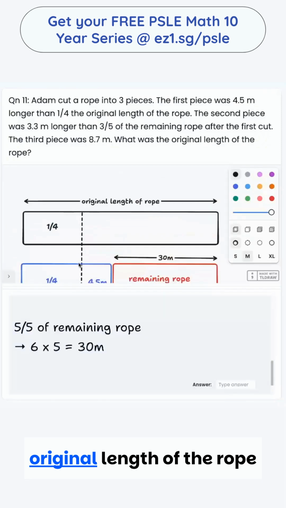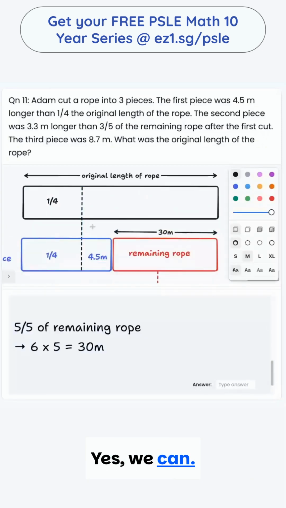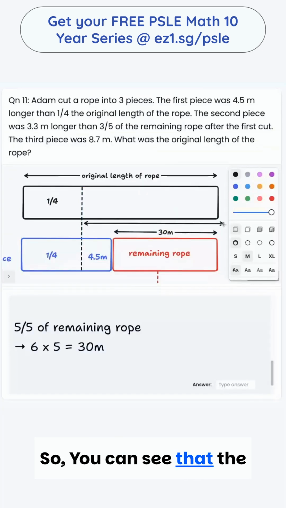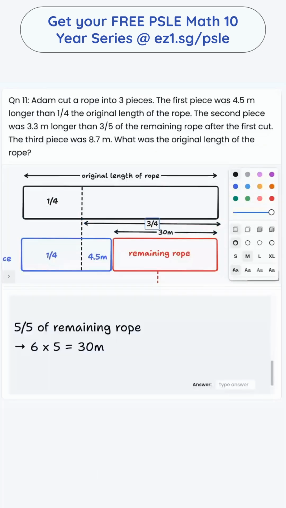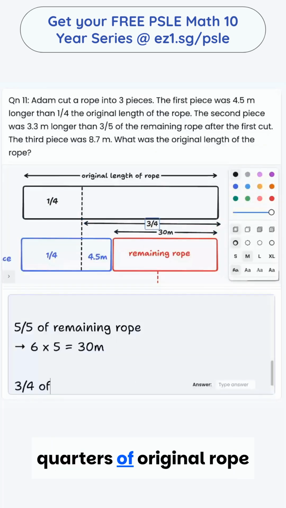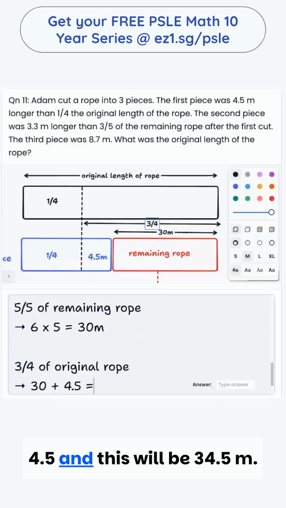Then can we get the original length of the rope with what we see over here? Yes, we can. You can see that the remaining rope over here plus 4.5 is actually 3/4. So 3/4 of the original rope will be equal to 30 plus 4.5, and this will be 34.5 meters.